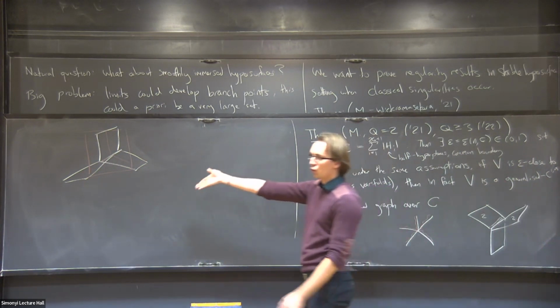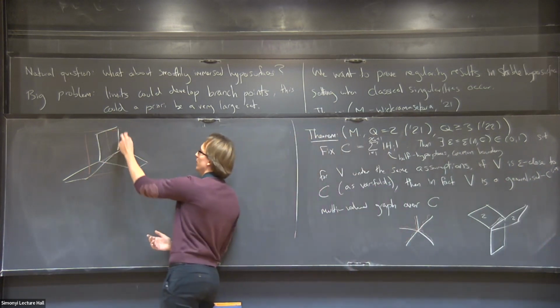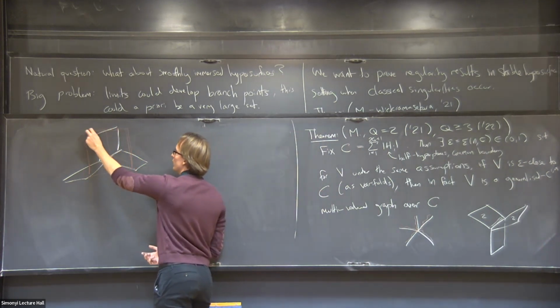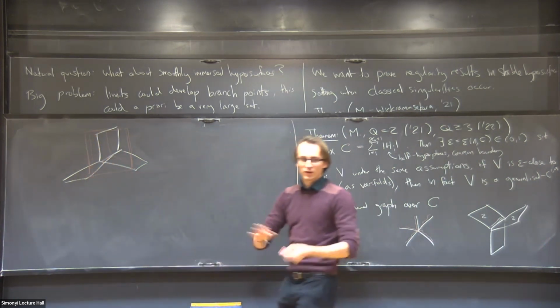That bad set's also closed. So if I'm avoiding it, I can actually get a little wedge region where I know that I'm avoiding it.